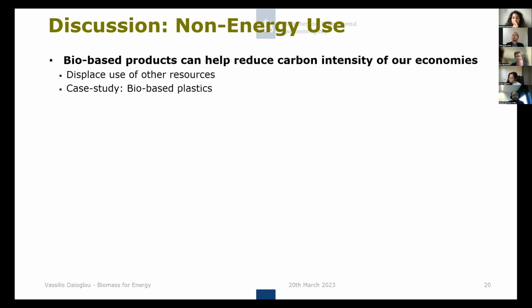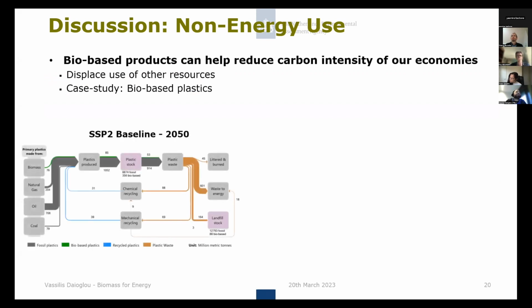Now, one final point I want to bring up is the non-bioenergy use of biomass in mitigation scenarios and the role there. We recently published a paper where we also looked into the potential contribution of biomass in, for instance, providing materials, specifically plastics. And what we see here in this Sankey diagram is basically the carbon flows in the plastics industry in 2050, according to an SSP2 baseline.